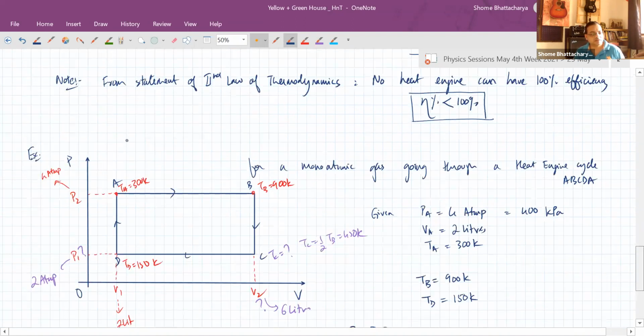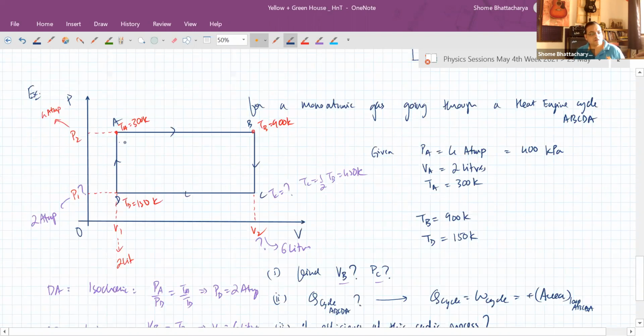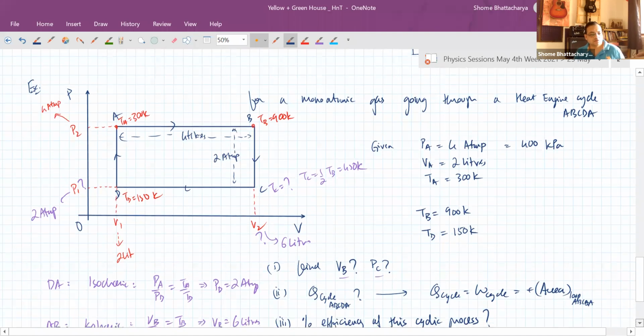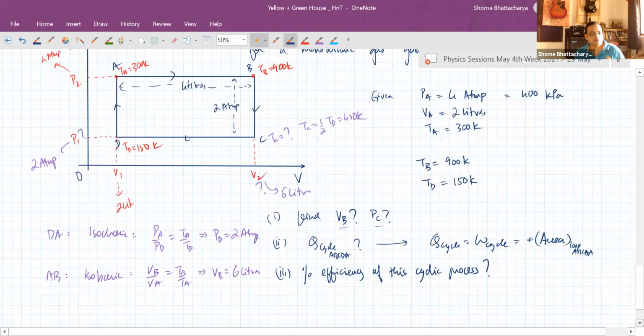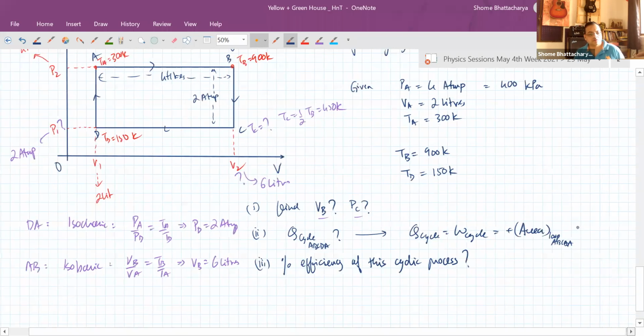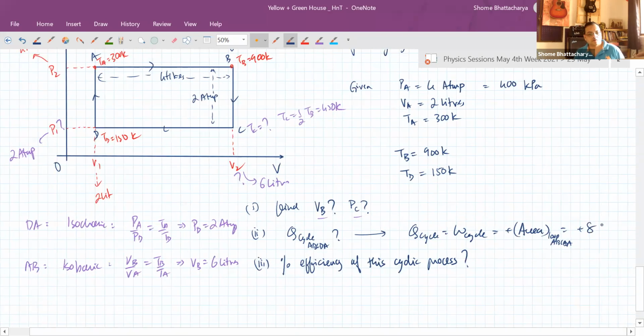So the area of the rectangle, you can see this is 2 to 6, so that is 4 liters. And this is 2 to 4, so that is 2 atmospheres. So 2 atmospheres into 4 liters, this quantity is equal to plus 8 liter atmosphere.